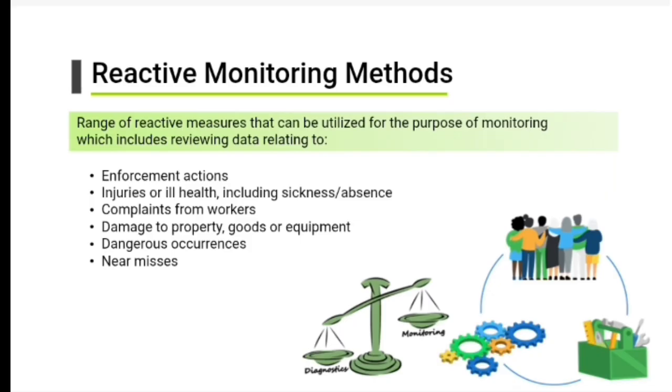Reactive monitoring methods involve a range of measures for monitoring by reviewing data related to various aspects, such as enforcement actions, examining actions taken to enforce safety regulations and standards; injuries or ill health, analyzing data on workplace injuries, illnesses, sickness, and absence; worker complaints, reviewing complaints lodged by workers regarding safety concerns; damage to property, goods, or equipment, assessing incidents involving damage to assets; dangerous occurrences, examining and learning from potentially serious incidents; near misses, investigating incidents where harm was narrowly avoided.